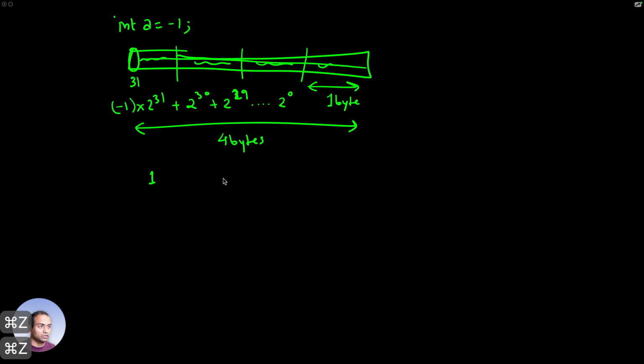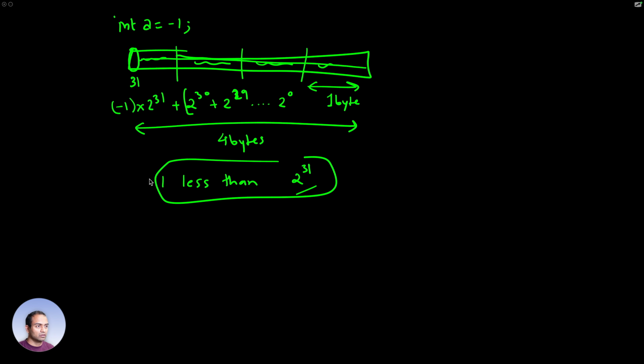I made a mistake. So all of these together would be 1 less than 2 to the 31, right? And once you add this with -2 to the 31, you should get a -1 because it's 1 less than this number, right? So that's the idea.